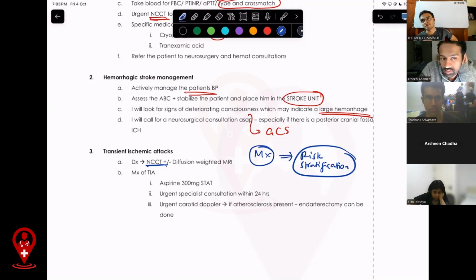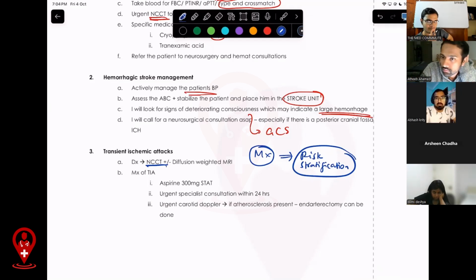No. Okay, what is our idea behind doing what we call a risk stratification? What risk are we assessing here? Whether it's appropriate to give the risk between the bleeding tendency and whether the patient really requires the anticoagulation or not. Not the anticoagulation. Right. Good. So y'all are thinking.